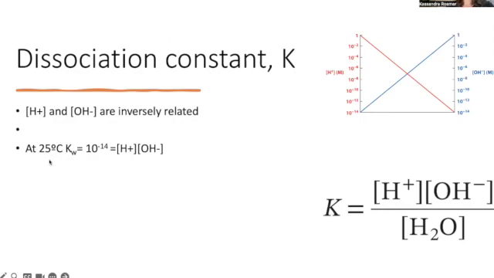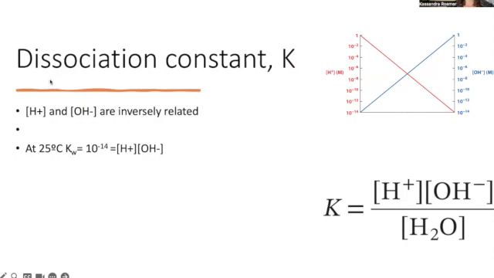Next, we have the dissociation constant K, which talks about how likely a substance is to dissociate into its ionizable parts. For water, for example, that would be the Kw water constant, which is essentially the concentration of protons times the concentration of OH minus over the concentration of water at 25 degrees Celsius.